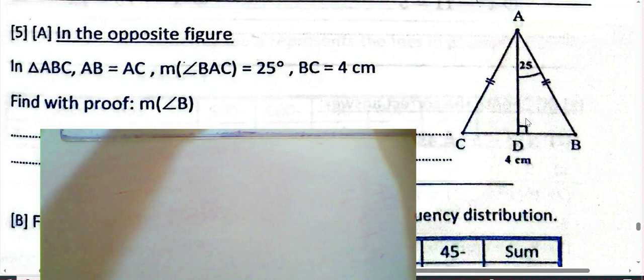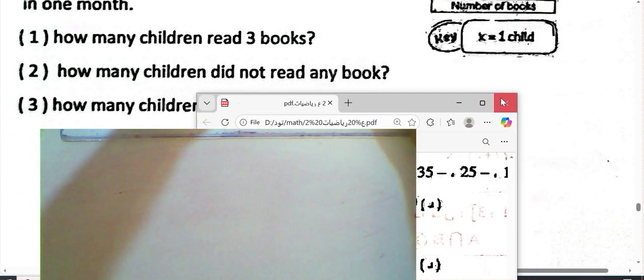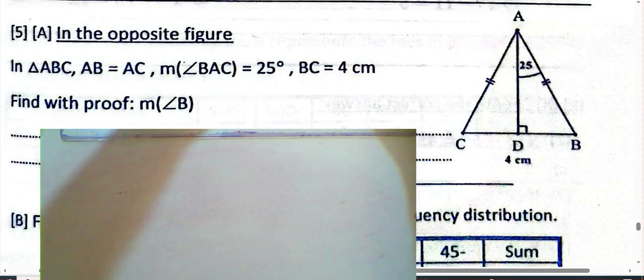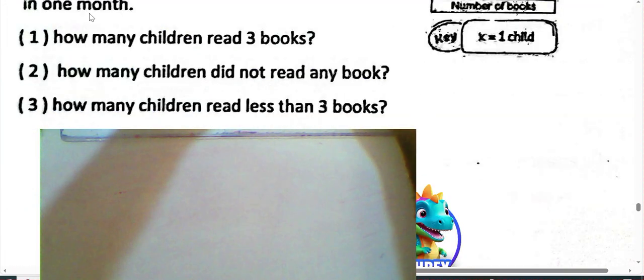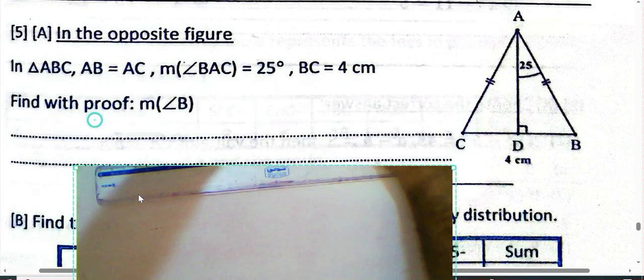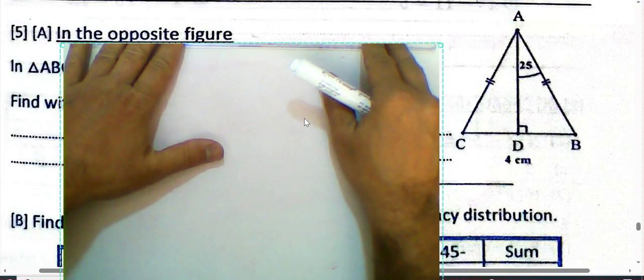Direct question: we want to prove the measure of angle B. Change the question: find here the measure of angle C, not B. Okay, we can find the measure of angle C. We don't need to use triangle congruence.